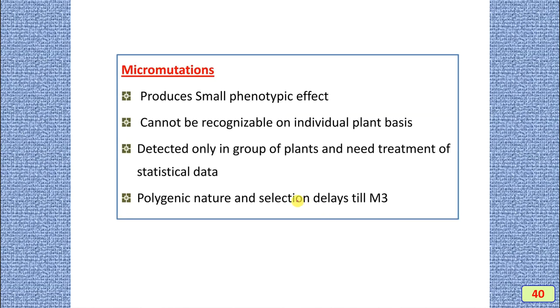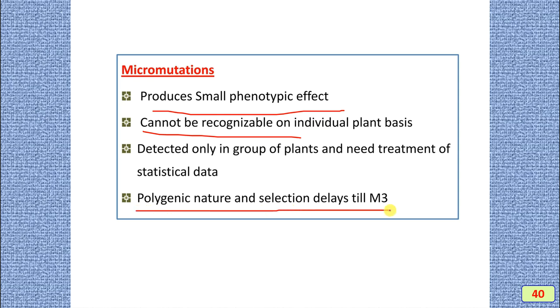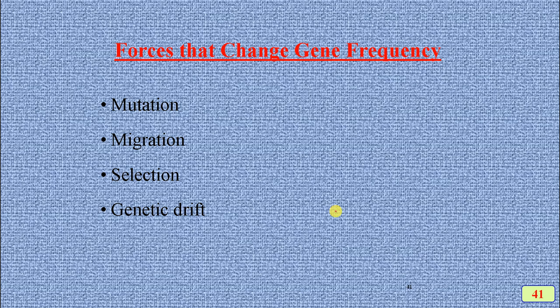Micromutation produces a small phenotypic effect and cannot be recognized on an individual plant basis. It is detected only in a group of plants and needs statistical treatment of data. It is polygenic in nature, and selection is delayed till M3.